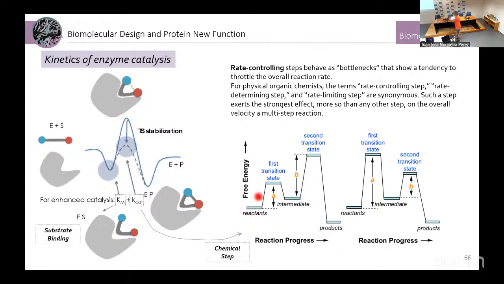So we take reactants, we calculate transition states, intermediate states, and we look for the highest barriers, which correspond to what we call the rate determining step, the rate controlling step. These are the bottlenecks of the chemical reactions, and in enzymes, those are the steps that contribute to the Kcat. So this is what we are estimating when we measure the Kcat in the lab. It relates to that rate limiting step.